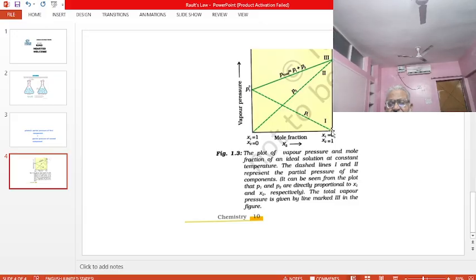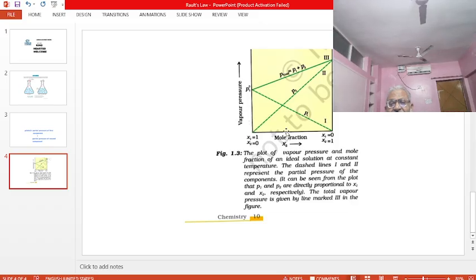As the concentration rises from right to left, beyond zero, if you draw a perpendicular from this point and match it to the vapor pressure line, that is the y-axis, then the pressure will be this one.